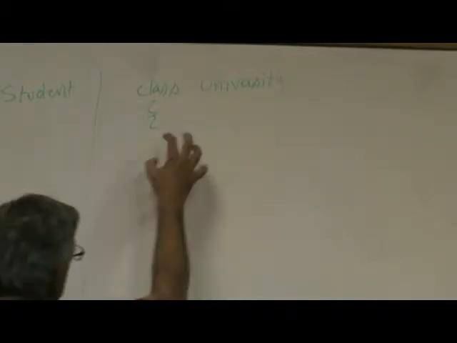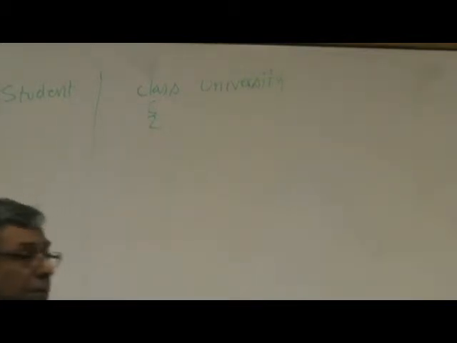So how will we store students in a university? We have two options. We can create an array of students, or we can create an array list of students, which is a collection. Let's suppose our university will have 5,000 students, so we can create an array list and keep adding a student to it as needed.